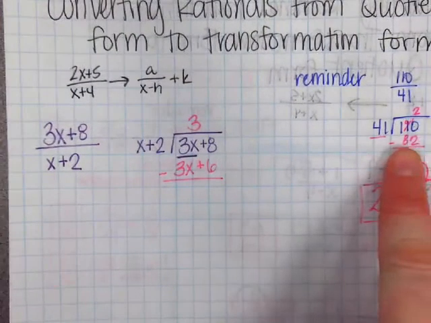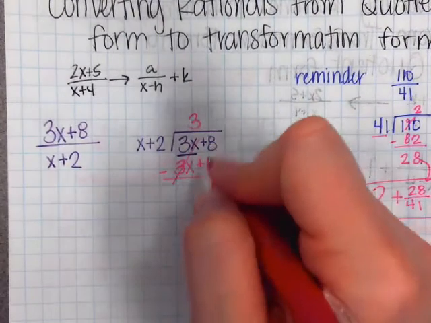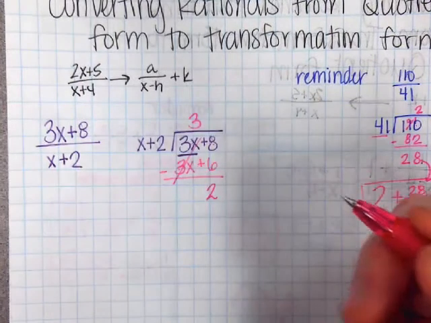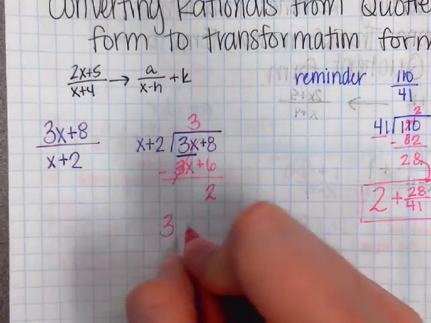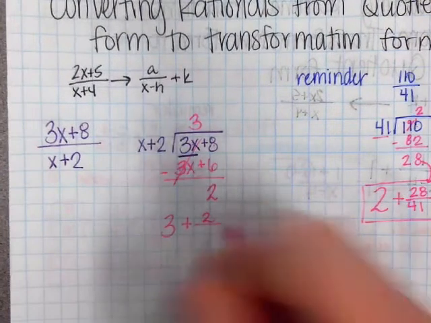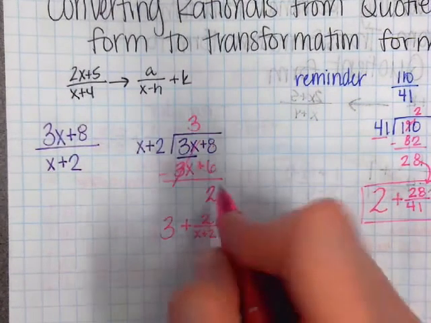And then just like we did over here, you're going to subtract. 3x minus 3x cancels. 8 minus 6 is 2. So then we have 3 plus, we have 2 as our remainder, over x plus 2.